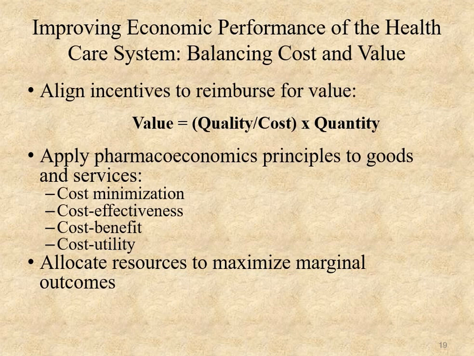You need to apply pharmacoeconomic principles to goods and services. We'll be talking about this in chapter 19. We'll talk about cost minimization analysis, cost effectiveness analysis, cost benefit analysis, and cost utility analysis. There's this need to allocate resources to maximize marginal outcomes.